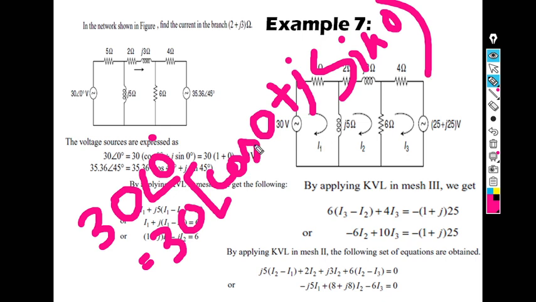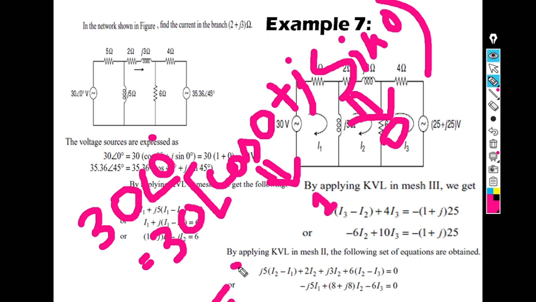The cos 0 is 1, and sin 0 is 0. The ultimate answer is 30 volt.